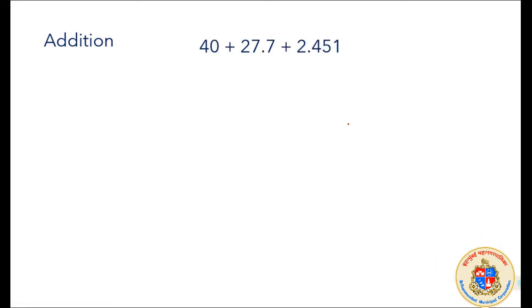The most important thing you have to remember while doing addition is that if you have to add this, 40, 27.7, 2.451, all these decimal points should come in a line. If you want, you can put a 0 here, and a 0 here also.